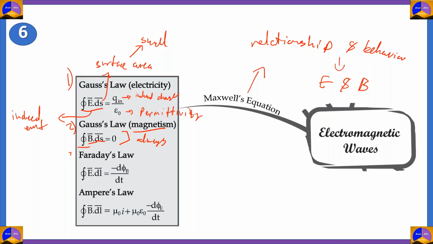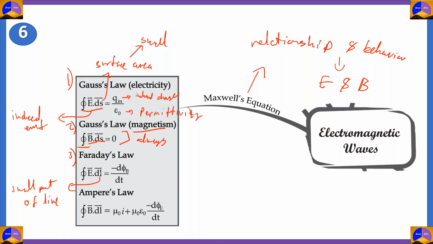The third law is Faraday's law, and it describes the line integral of electric field. As you can see, the formula is closed integral E dot dl, and dl represents small part of a line. So basically line integral.